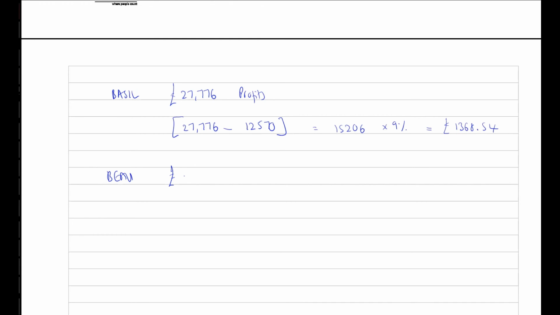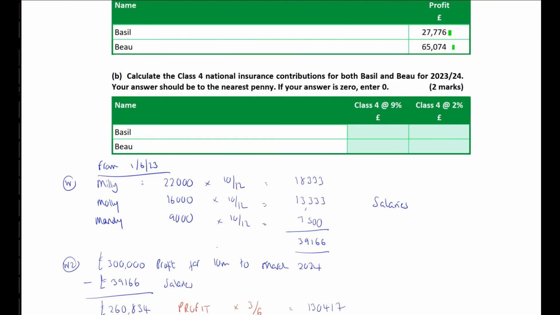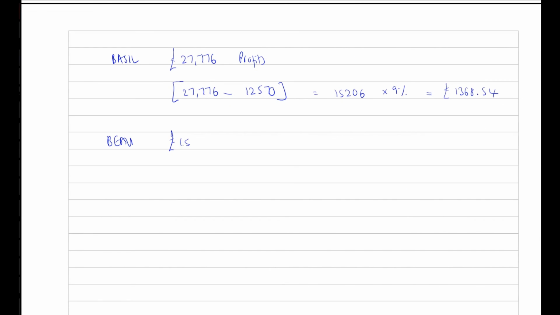Bo? Well, Bo had a profit of, let's just actually check, 65,074. So Bo's profit is 65,074. And the reference material told me that profits between 12,570 and 50,270 are going to be at 9%.